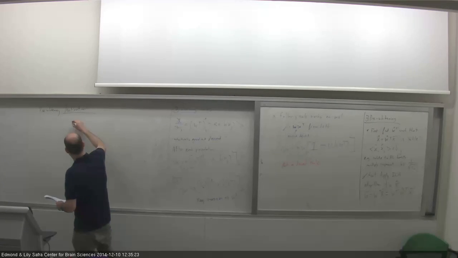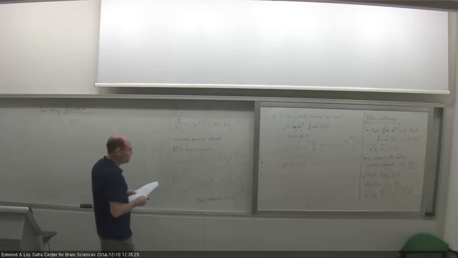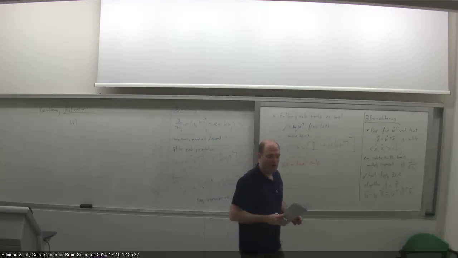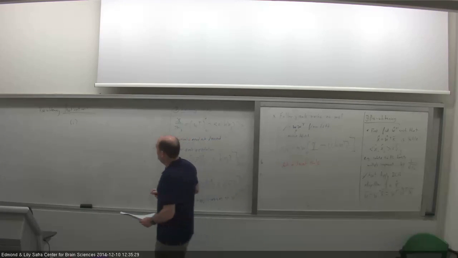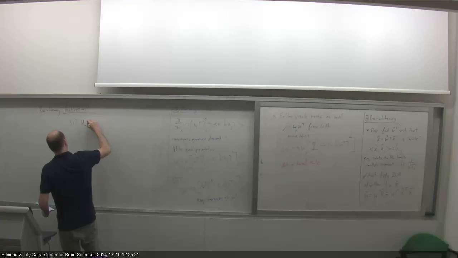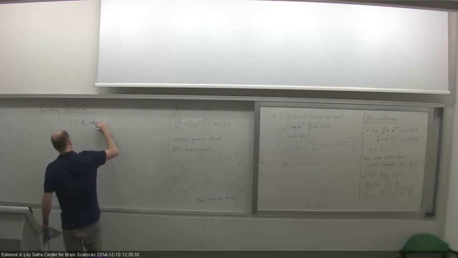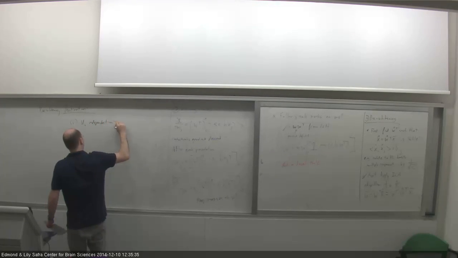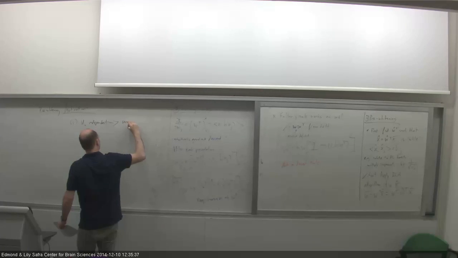The first point is that we know that if the u's are independent, which is what we're trying to achieve, then they're necessarily uncorrelated.